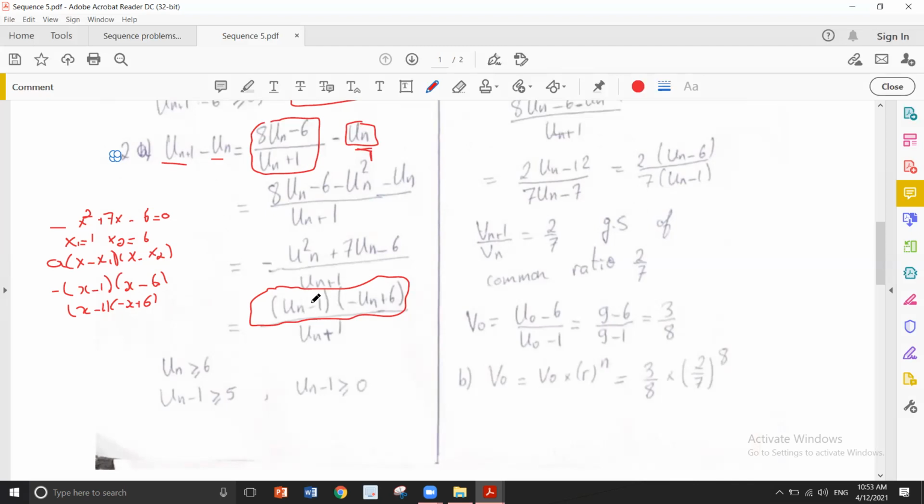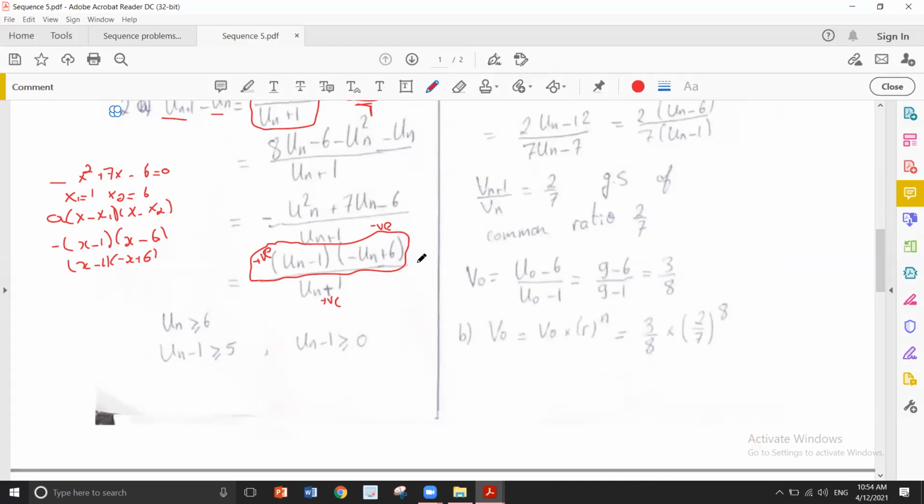Now un minus 1 is positive because un is greater than 6. The first one is positive, and this one is positive. And this one is negative. The third one is negative because un is greater than 6, so 6 minus un is negative.